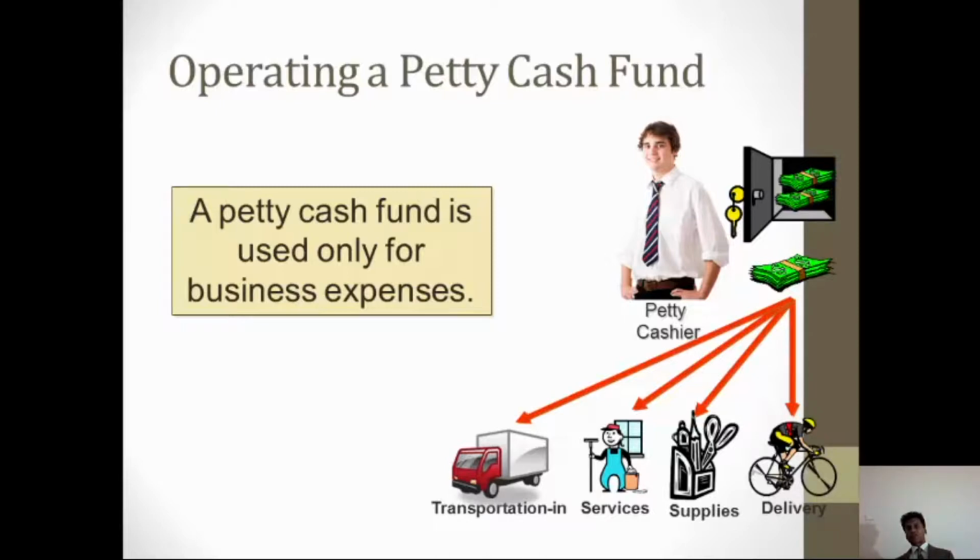There are expenses that are incurred, and then the starting amount decreases gradually, and when it comes to the minimum amount, let's say $50, that is the time it is being replenished by going to the bank and withdrawing some money for the petty cash and then adding back to the petty cash.